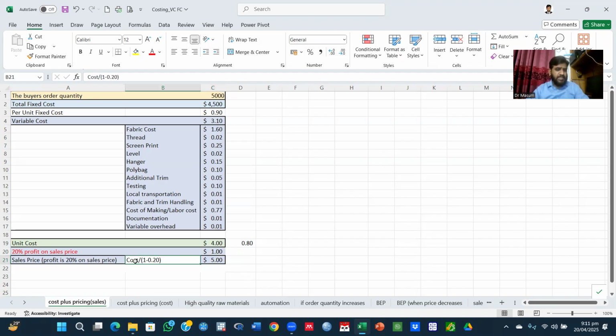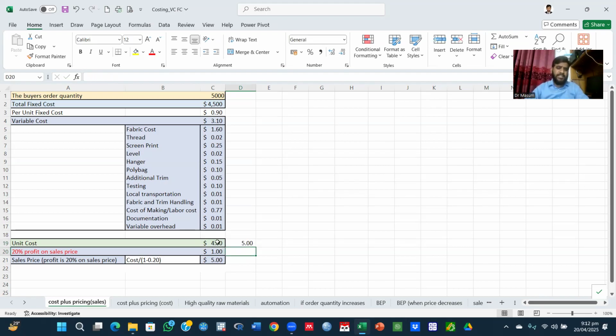The system is that you will divide $4 by 1 minus the profit percent. So here the $4 cost will be divided by 1 minus 20%, since your profit rate is 20%.